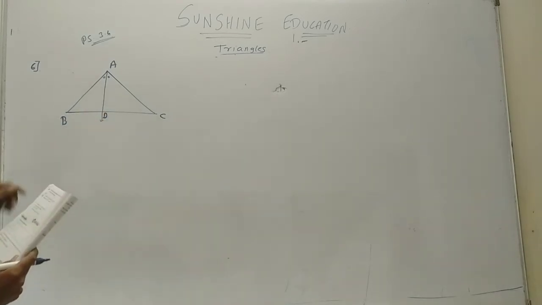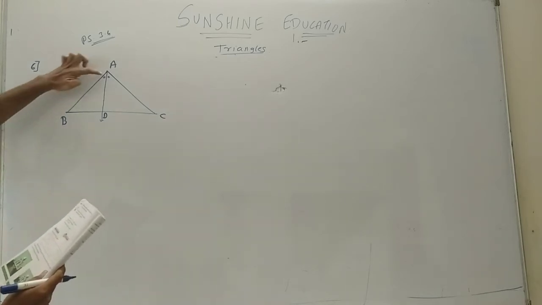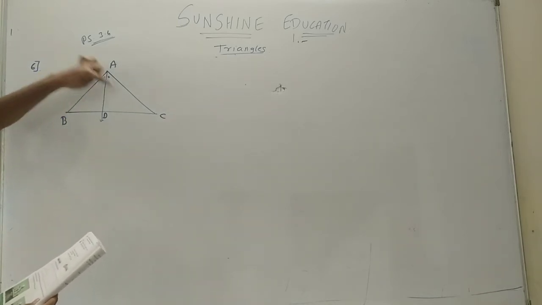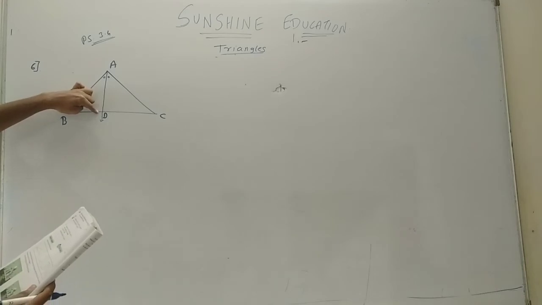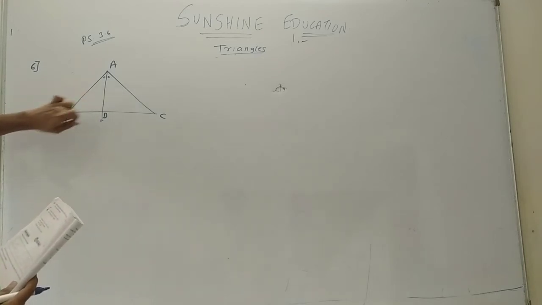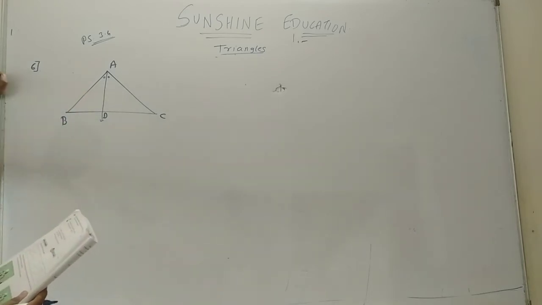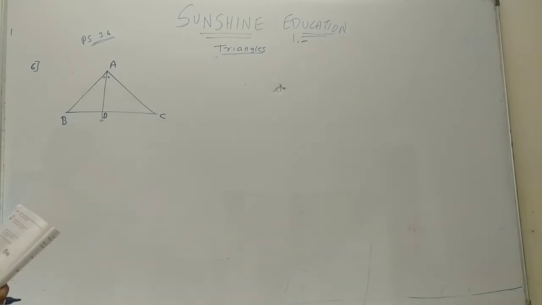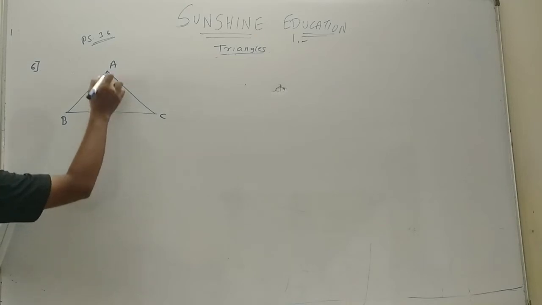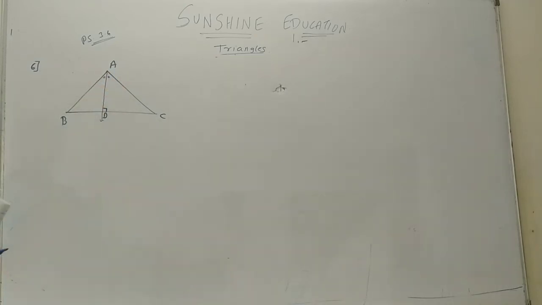So again I will read the question. Prove that the bisector of angle BAC of triangle ABC is perpendicular to the side BC, then triangle ABC is an isosceles triangle.